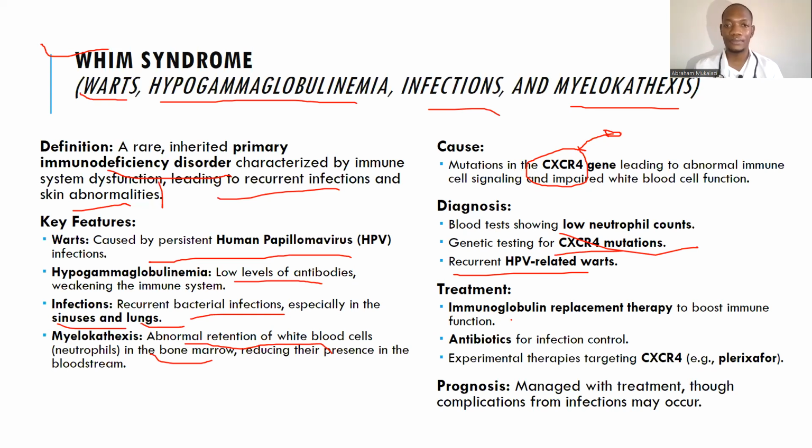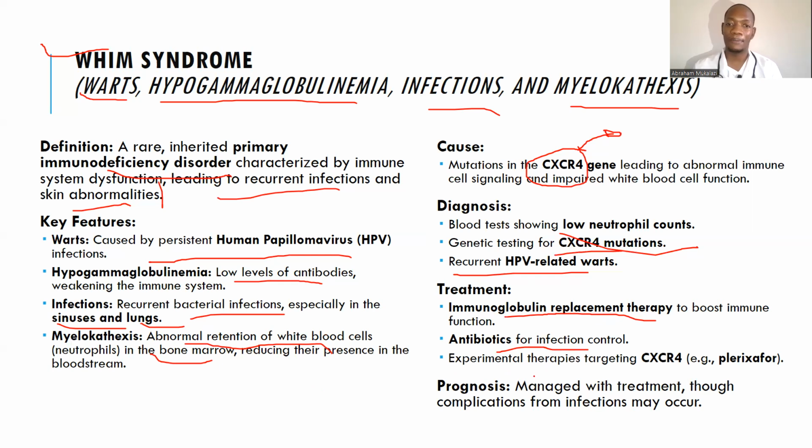In treatment, you can have immunoglobulin replacement to boost the function and formation of antibodies, and then you can give antibiotics to control infections. You can put them on long-term penicillin, maybe, to try and prevent these staph and strep infections.